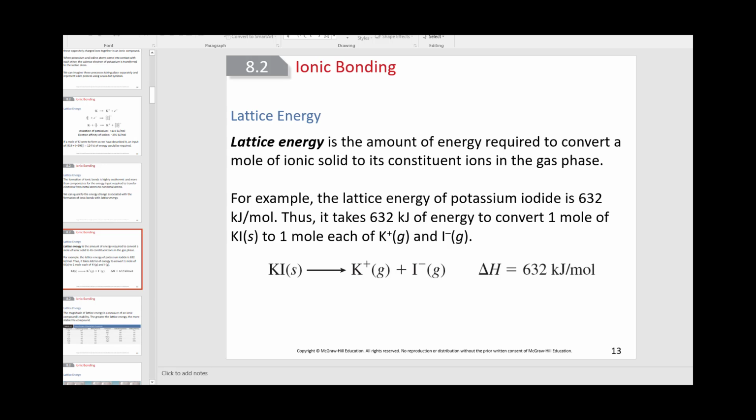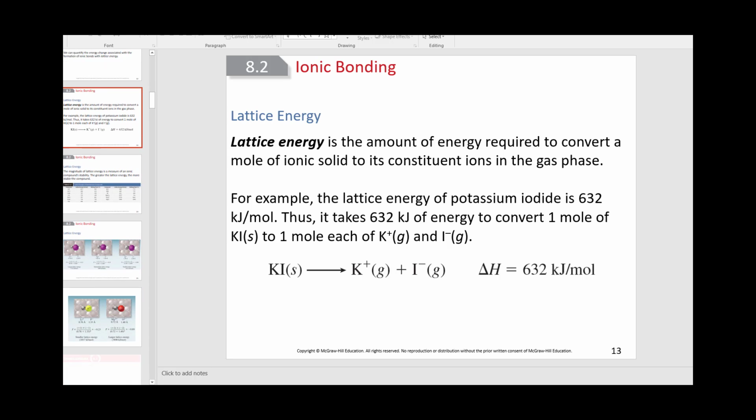Whereas the iodide becomes a negative ion. What was the energy associated with gaining an electron to become a negative ion called? Electron affinity, good. So those are energies we've already talked about. And then we also have the energies of changing from a solid to a gas.